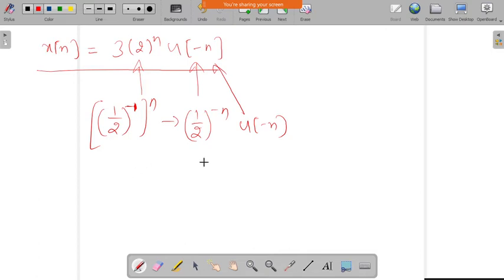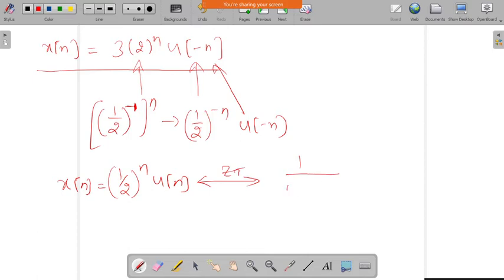Now in general, before reversing the time, if we have x of n equal to half power n into u of n, what is the corresponding z transform? It is 1 over 1 minus 1 by 2 into z inverse. Now apply the time reversal, because it is minus n in our rearranged signal: 1 by 2 power minus n into u of minus n.